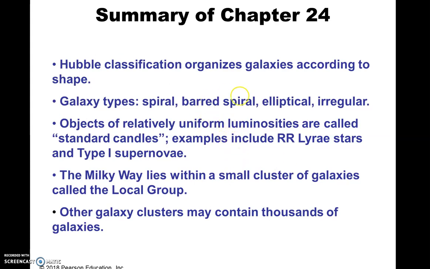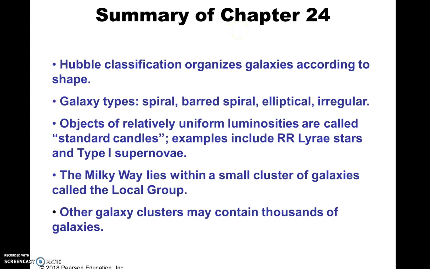Remember this, so let me go over this since I got a little bit of time left here. So you've got Hubble's classification scheme, the basic three types of galaxies: spiral, elliptical, and irregular. Of course, we've subdivided some of them.